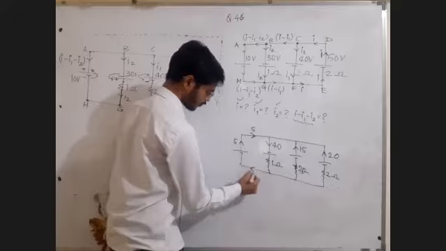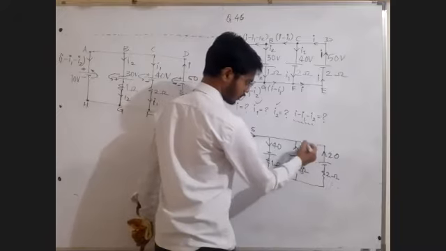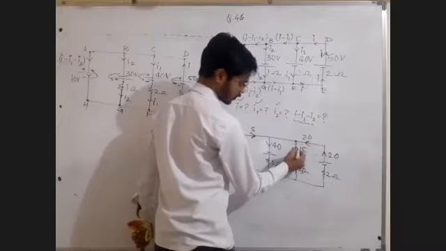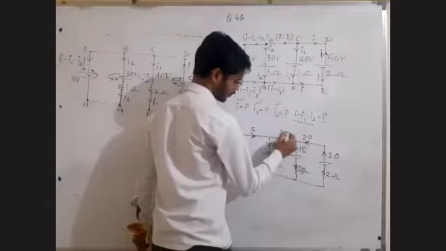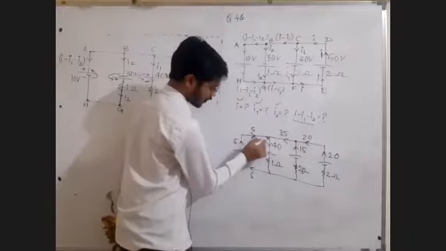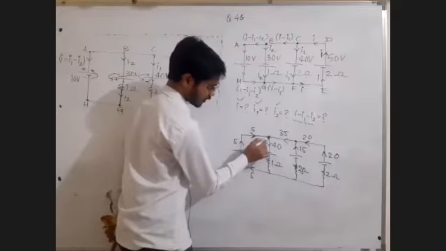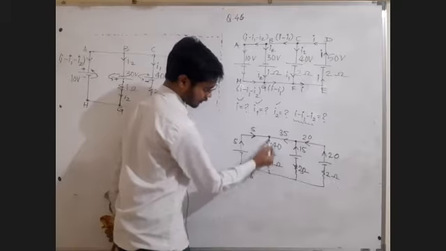This value is 15, this value is 20. 15 and 20 are combining at this point, so that will form 35. Then 35 and 5 are combining here, and that will form 40.